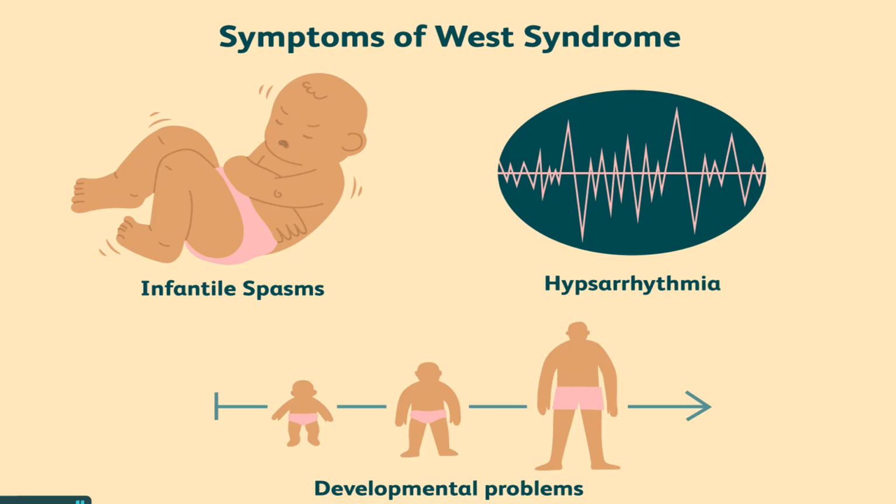The first, infantile spasm, which is sudden, repetitive, subtle movements like head dropping, arm raising, or body stiffening. The other criterion is hypsarrhythmia, which is a highly disorganized, chaotic, and high amplitude electrical pattern visible on EEG. And the third is developmental regression, which is the loss of previously acquired developmental milestones or psychomotor stagnation.